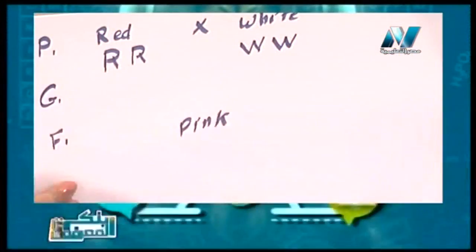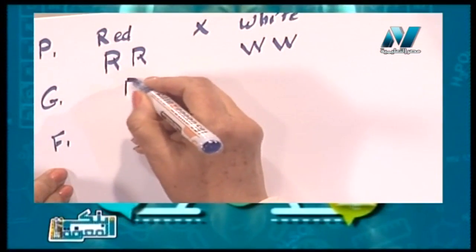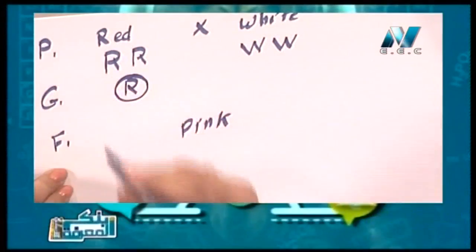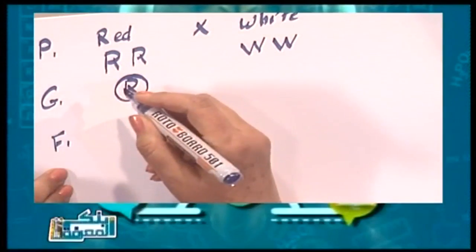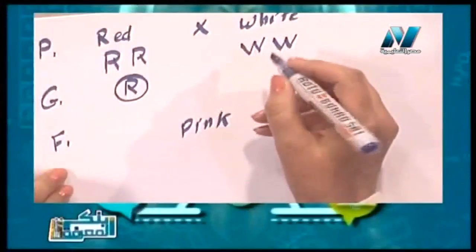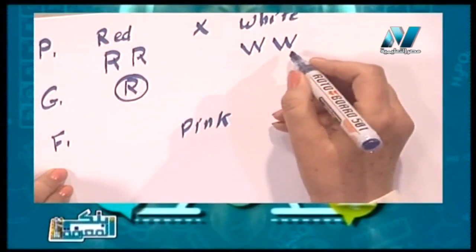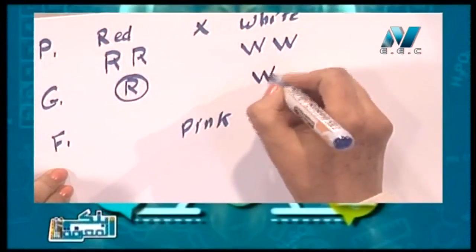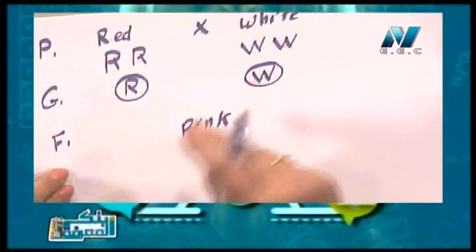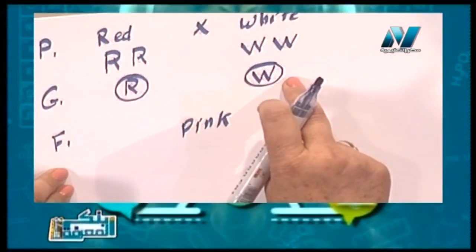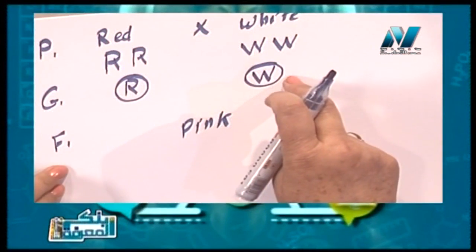What about the gametes? Remember, the gametes are the cells containing half the number of chromosomes. And we study one pair of chromosomes here, so we have to get one of them, one R. Remember, each chromosome carries a gene. And in the other individual, from one pair of chromosomes, we get one. Remember, the individual produces the gametes during meiosis, and in meiosis, the number of chromosomes is reduced to half.